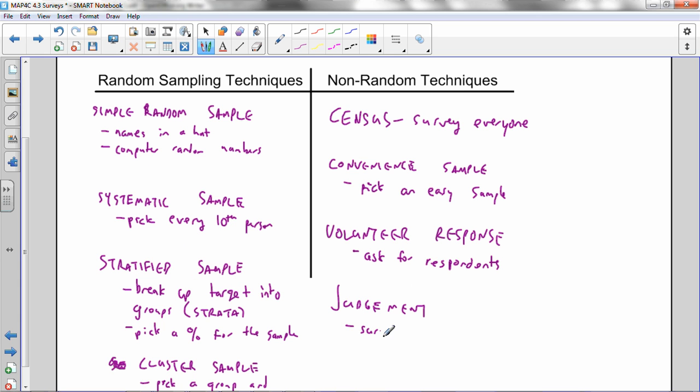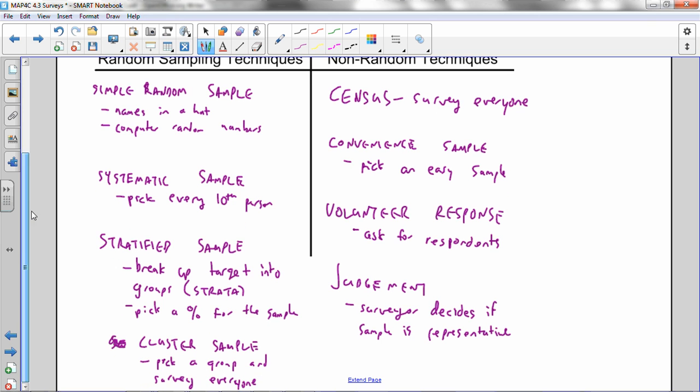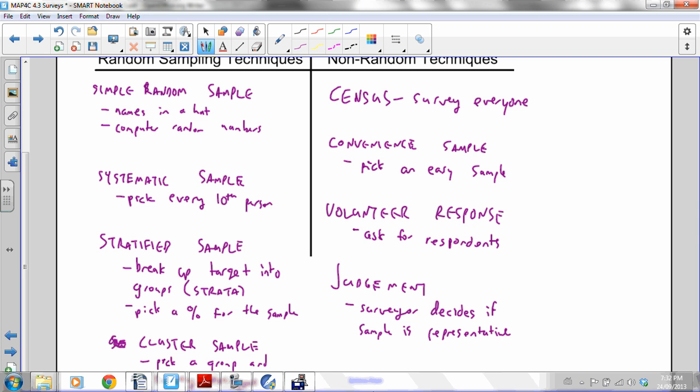That's not very good either, because you end up with a non-random sample. So you do your convenience sample, but you got twice as many girls as boys. Well, then you go out and you survey a few more boys to make it even. That's a judgment sample, and it's not very good.